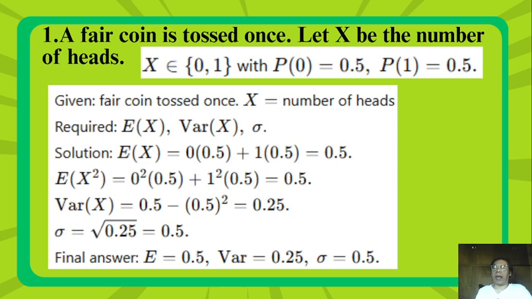So the variance of x is equal to 0.5 minus 0.5 squared, which is equal to 0.25. Then sigma is equal to the square root of 0.25, which is equal to 0.5. Therefore, the final answer: the E is 0.5, the variance is 0.25, and the standard deviation is 0.5.